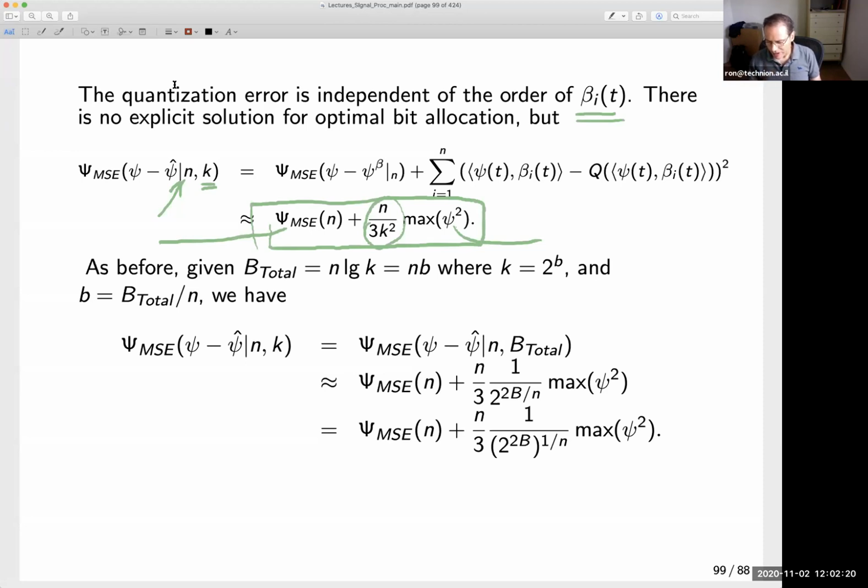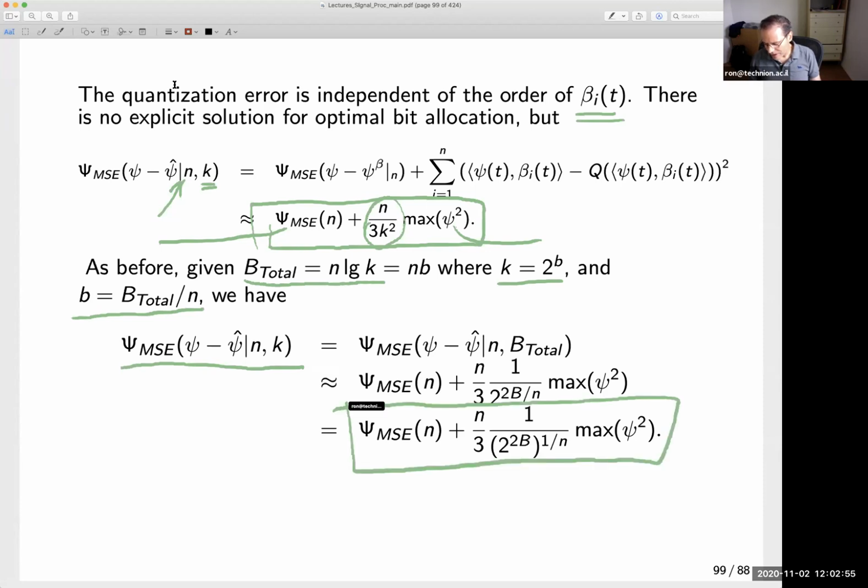So remember, beforehand, what we had is that defining the total number of bits as n log 2 of k, and we denoted k to be 2 to the power of b, and therefore we could plug b to be b total divided by n, and when we plug everything in, what we get at the end of the day is that the MSE error as a function of n and capital B reads as follows.